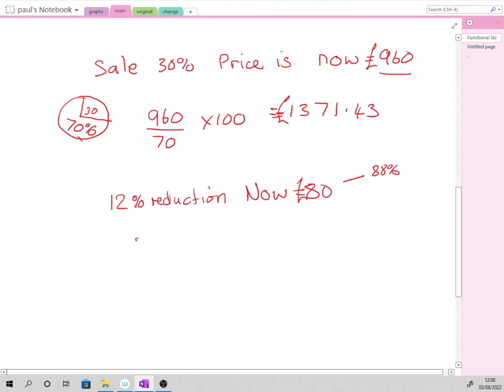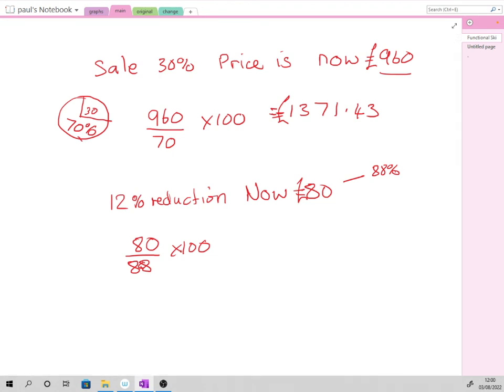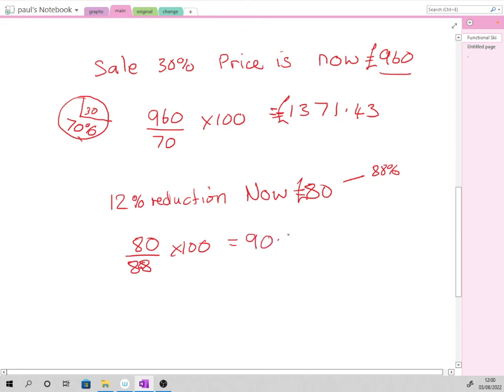So if we do 80 divided by 88 and times it by 100, that's another funny number, £90.90, or 91 pence, I don't know. So the original value £90.90, knocked 12% off, and we got down to £80.